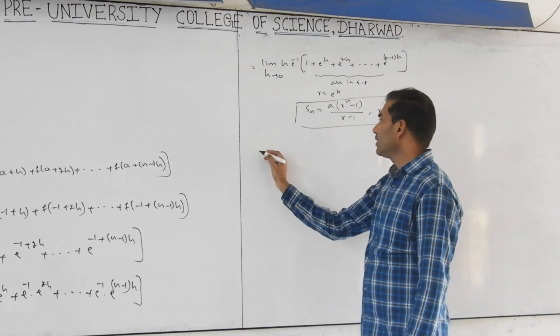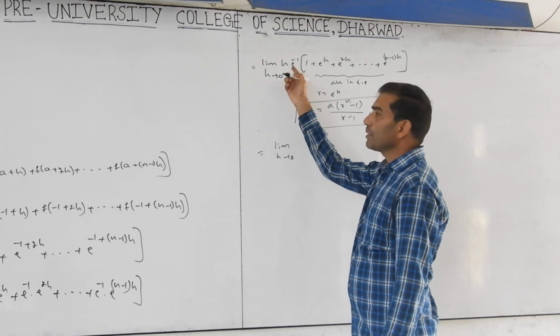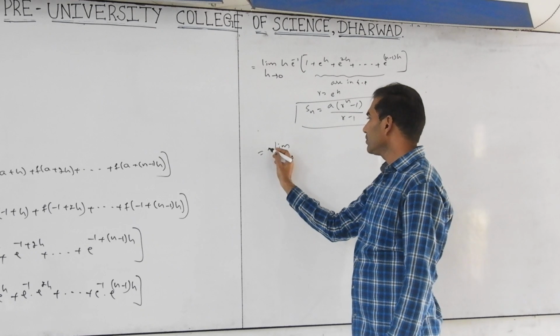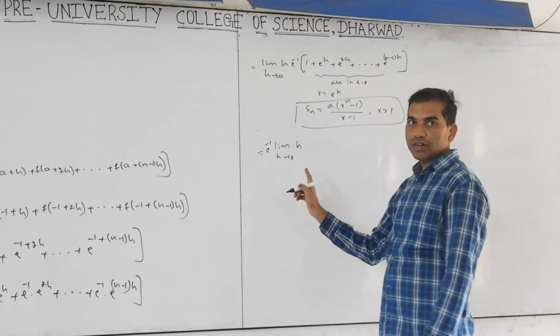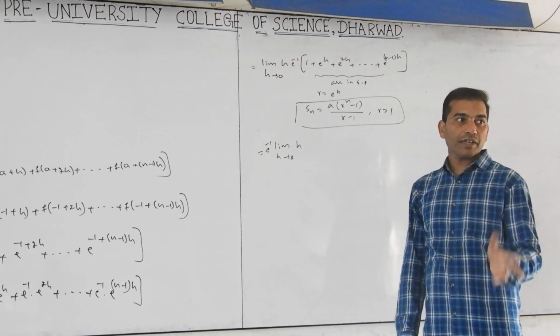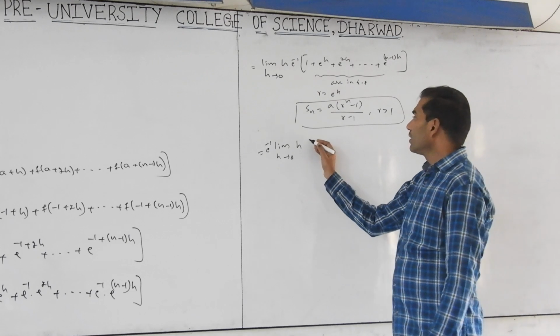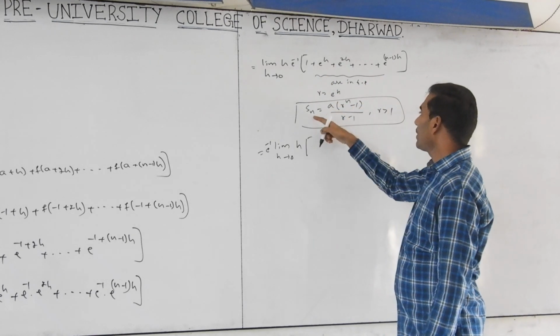Use that formula. Limit of h tends to 0. What is the constant here? e power minus 1 is constant, take out. h is the variable, don't take out. Which is constant, we can take out from the limit; which is variable, we can't take out. This is our GP series. Use formula Sn.